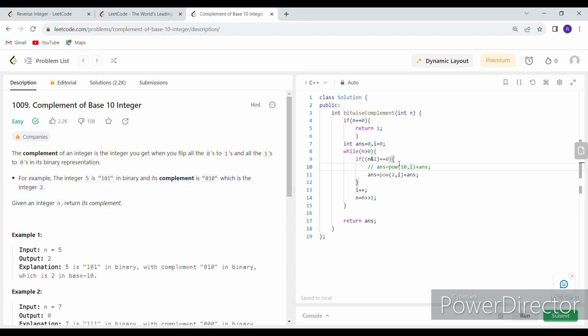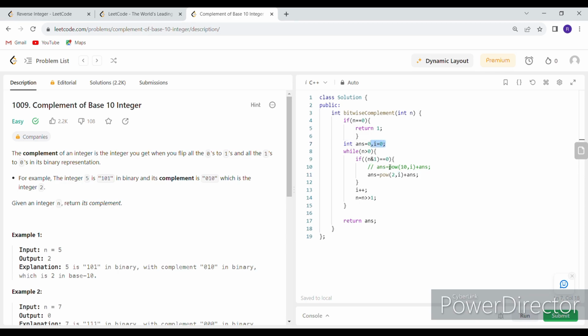So I am directly raising 2 to a power, and then adding it to the answer, and I will decide which bit that is. If it is the 0th bit, I already have I as 0.